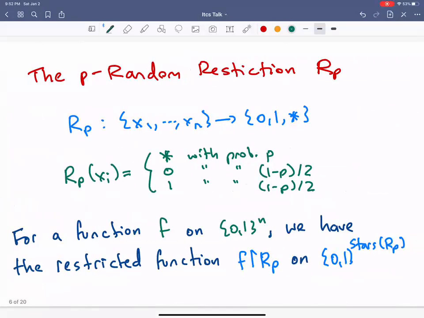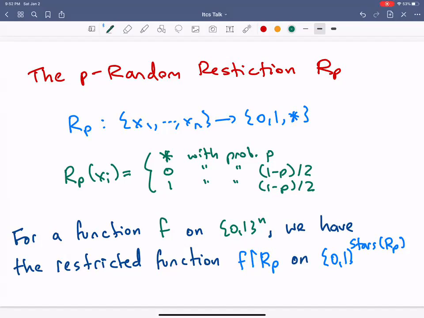All right, so the p-random restriction. A restriction is a partial assignment of the variables of a Boolean function to values 0, 1, and star denotes that a variable is left undetermined.